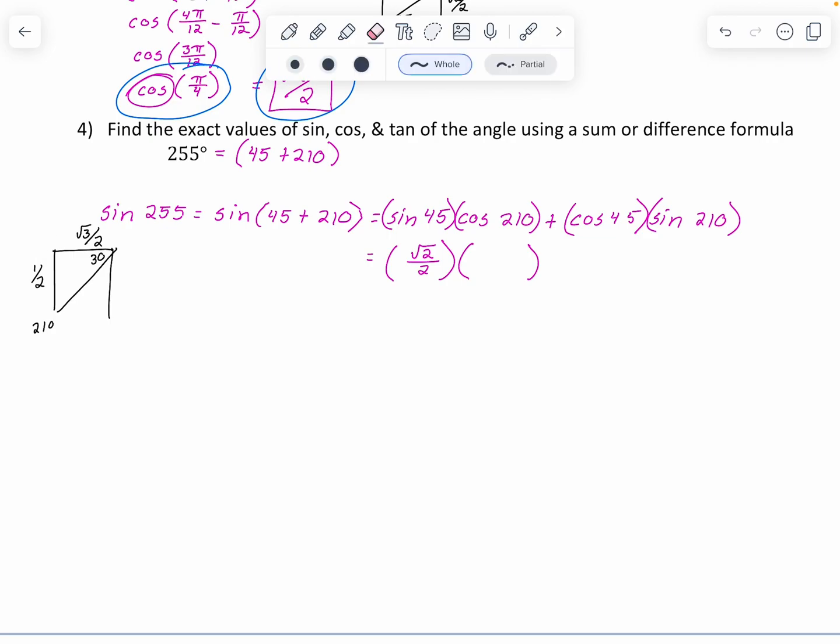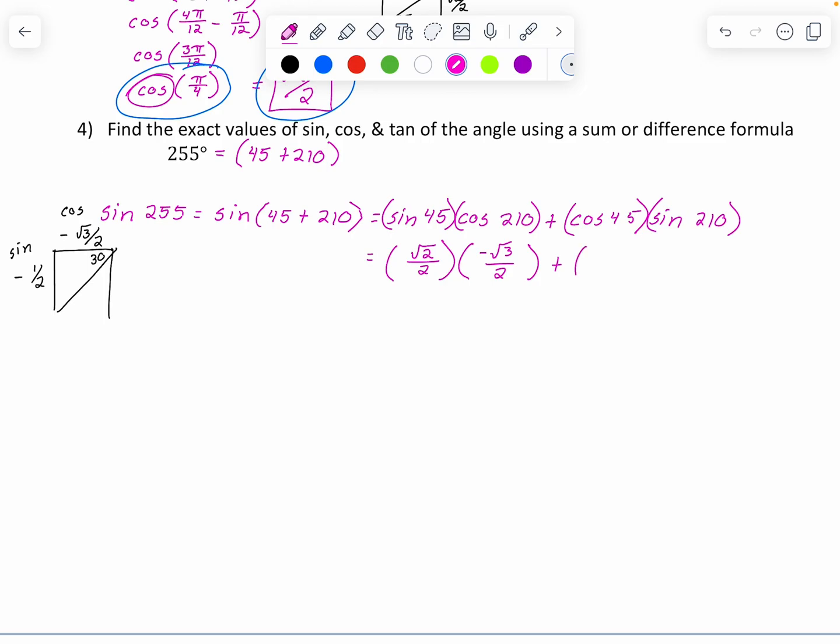Now, we do have to remember, though, that because these are in the third quadrant, they are both going to be negative. So now, remember, sine is y, cosine is x. So this would be cosine of 210, and this would be sine of 210. So first one I want is cosine of 210, so that is negative square root of 3 over 2.